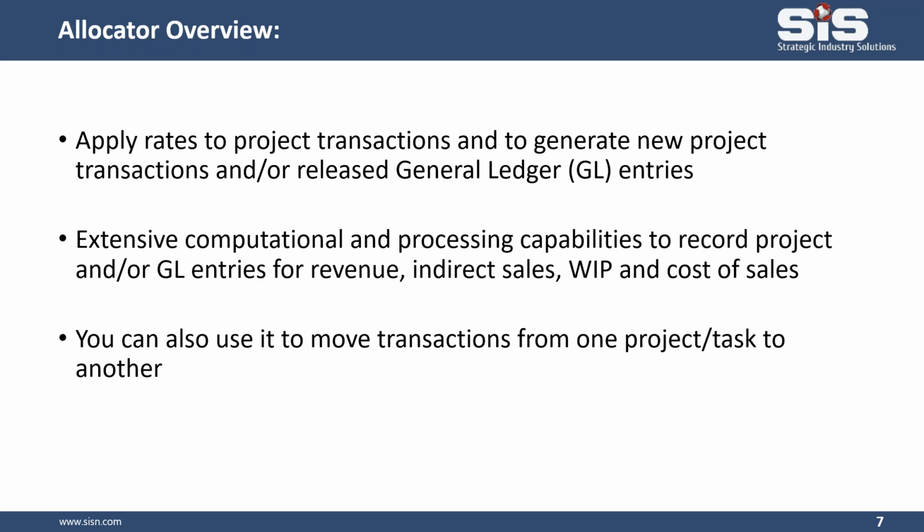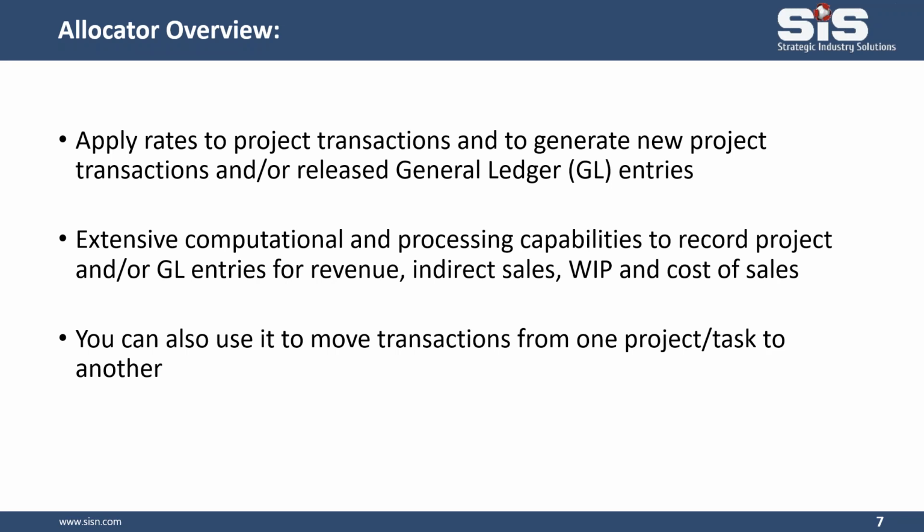So one of the first things is, it can apply rates to existing project transactions, and it can also create or generate new project transactions, which can update just the projects, or it can create general ledger entries.